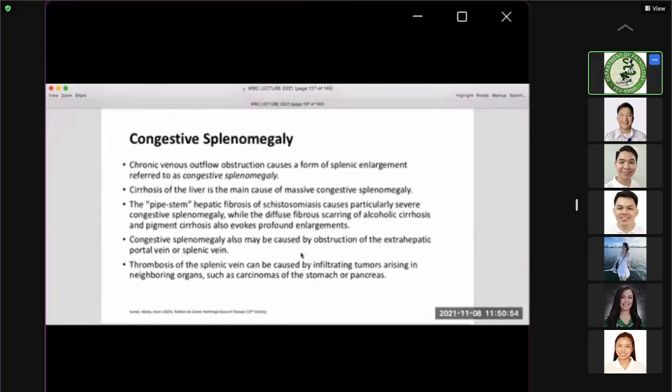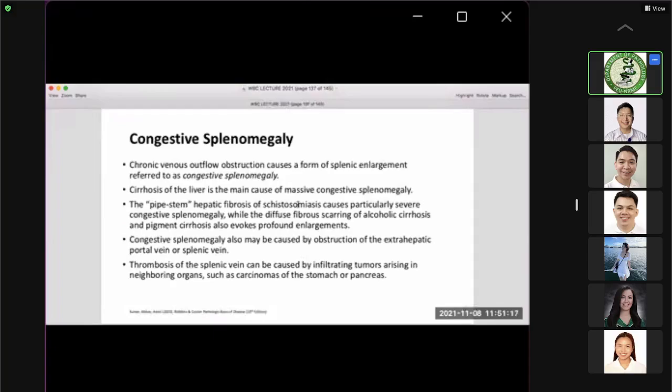So congestive splenomegaly. Okay, there is chronic venous outflow obstruction, so that leads to splenic enlargement. Cirrhosis of the liver is the main cause. There is also pipe-stem hepatic fibrosis in schistosomiasis.